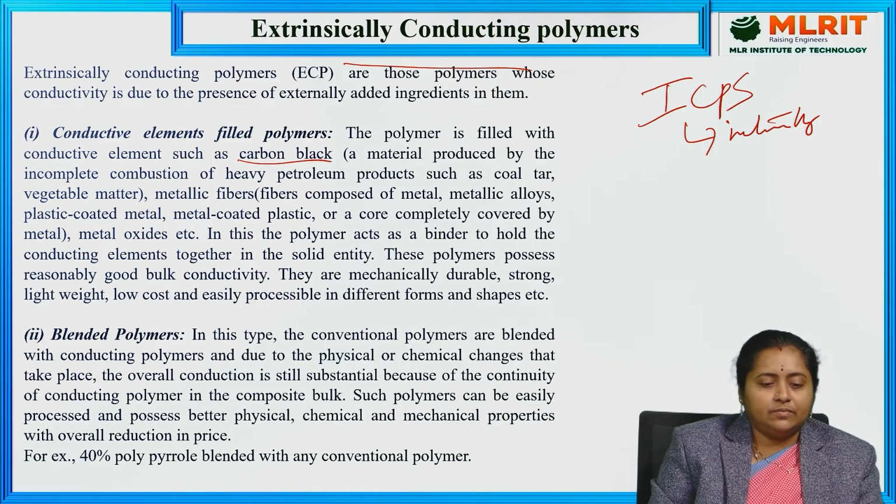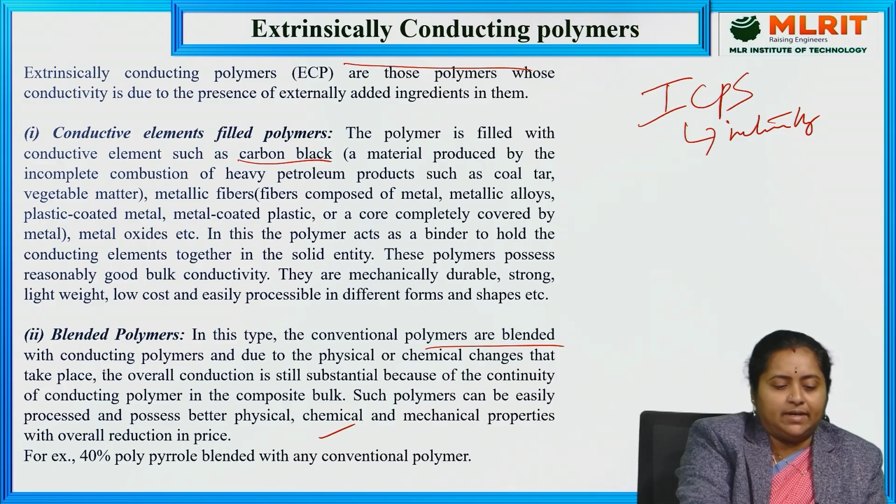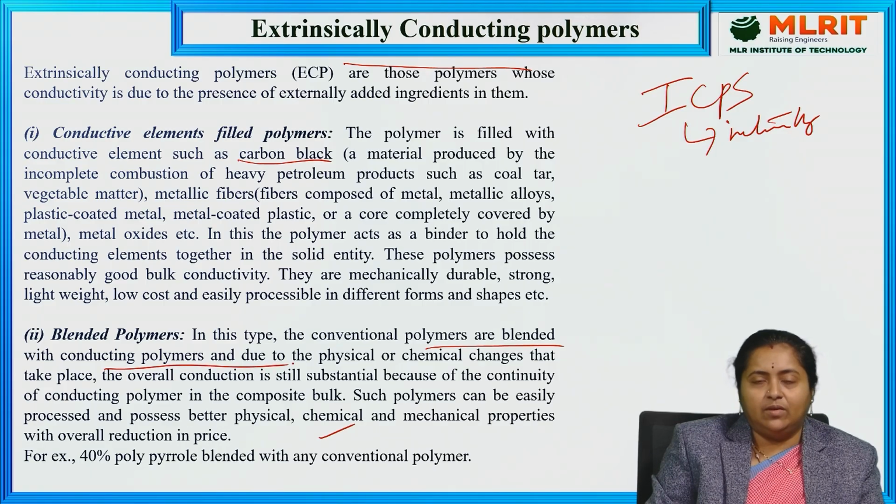So these polymers possess reasonably good bulk conduction, and they are mechanically durable, strong, light in weight. These are available at low cost and easily processable in different forms and shapes. And coming to the second type of extrinsically conducting polymers, they are called blended polymers. In this type, conventional polymers are blended with conducting polymers, and due to the physical or chemical changes that take place, overall conduction will be substantially increased.